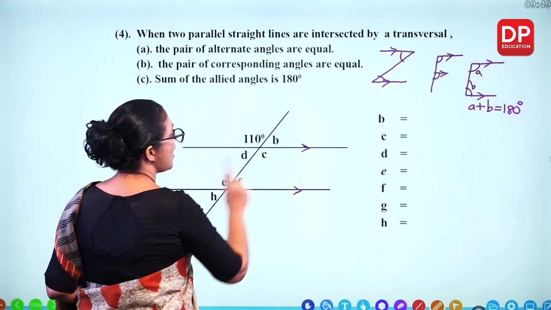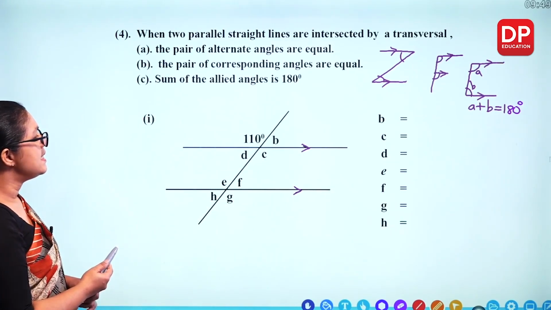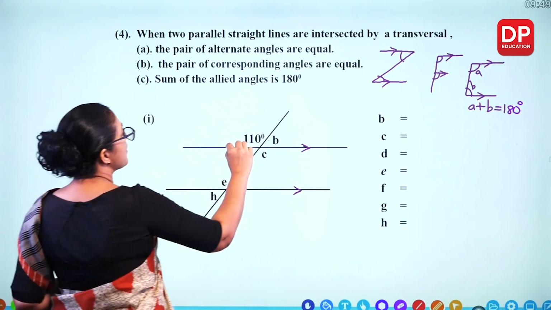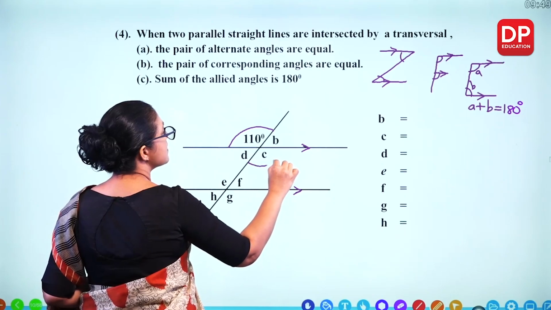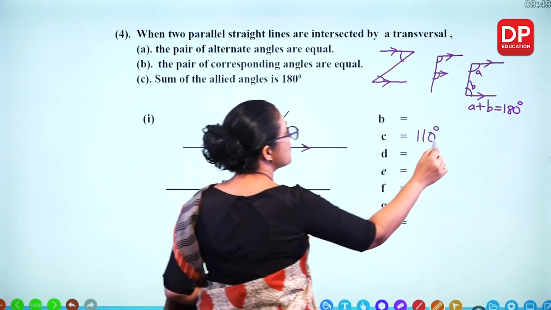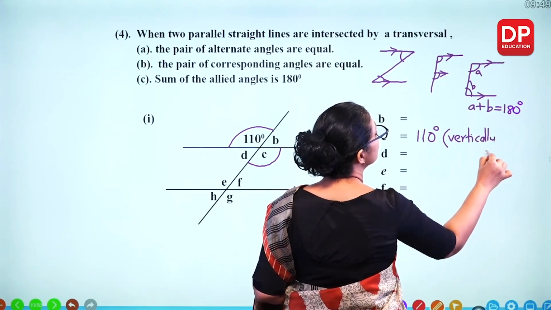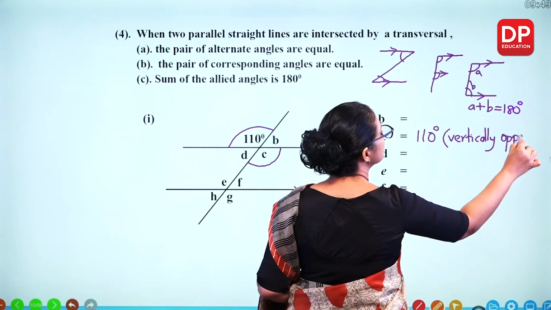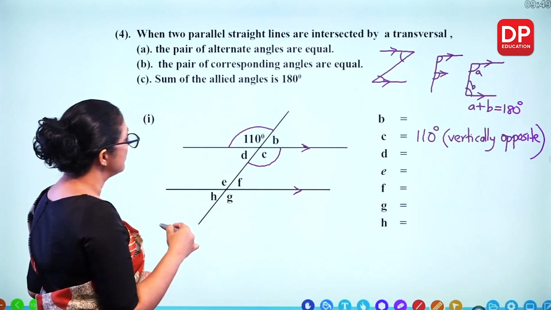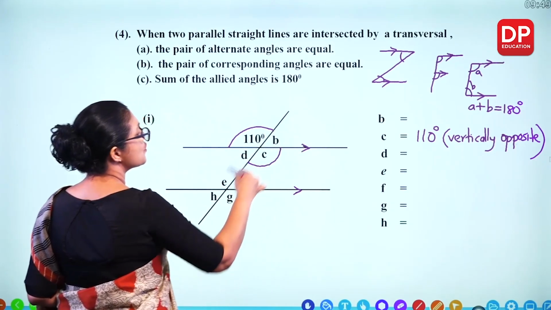It says these two lines are parallel. So find B, C, D, E, F, G, H angles. C is straight away 110. Vertically opposite angle. Then we can find B and D because this is a straight angle.